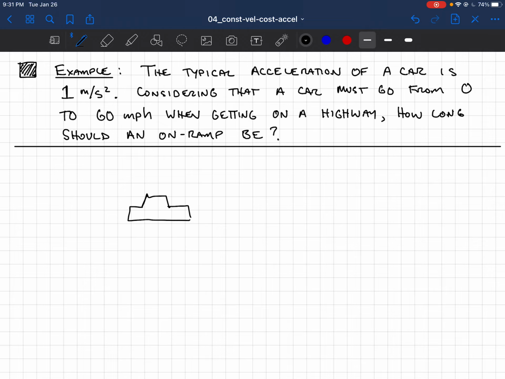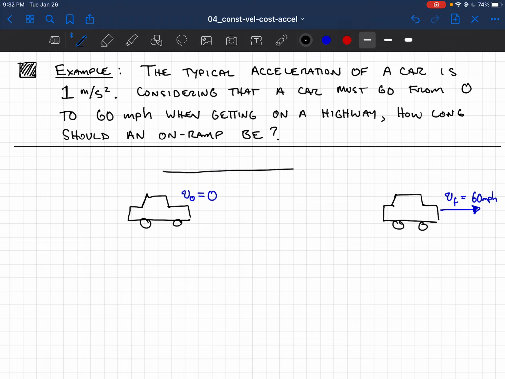So here's our car. At this point it has a velocity of 0, and we want it, once it gets onto the highway, to have a velocity, v final, of 60 miles per hour.